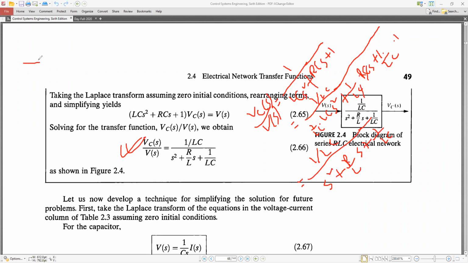So we can finally write as a block diagram. V(s), that means the input. VC(s), that means the output, and here the transfer function.